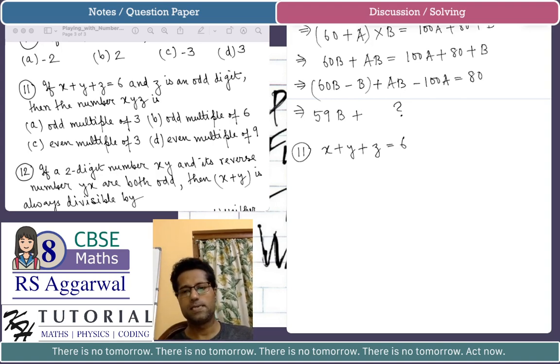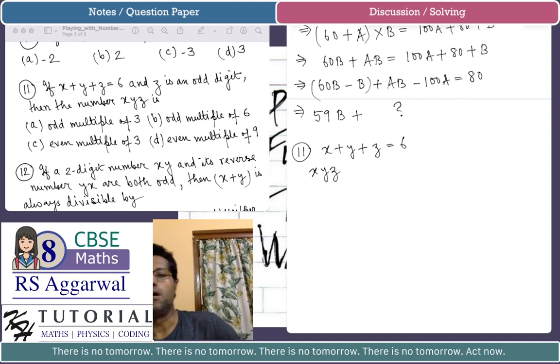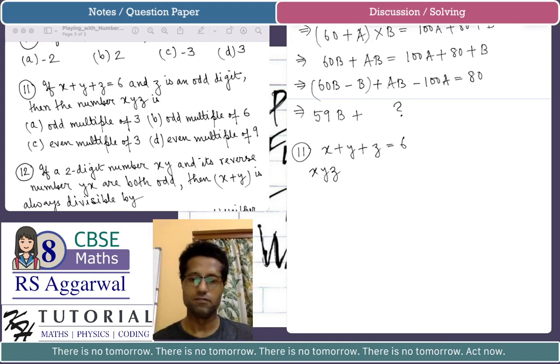Now, if we know a three-digit number xyz, and the sum of its digits is divisible by 3, then the whole number is divisible by 3. We can see that x plus y plus z, the sum of the digits, is 6, which is divisible by 3. So the number xyz is a multiple of 3.